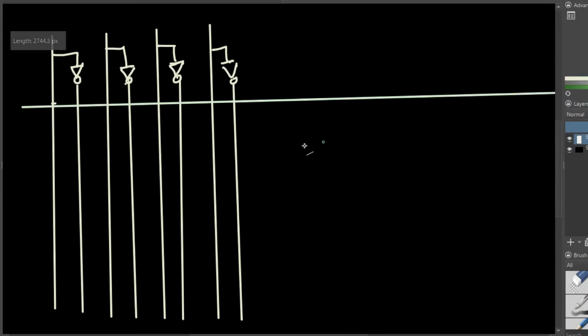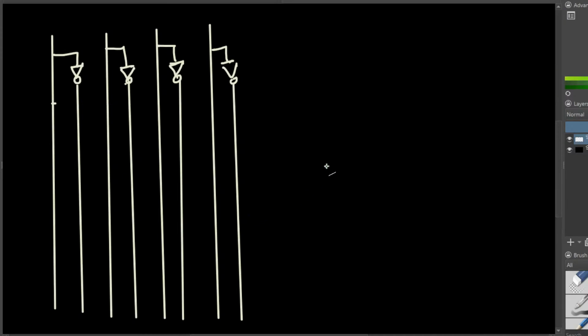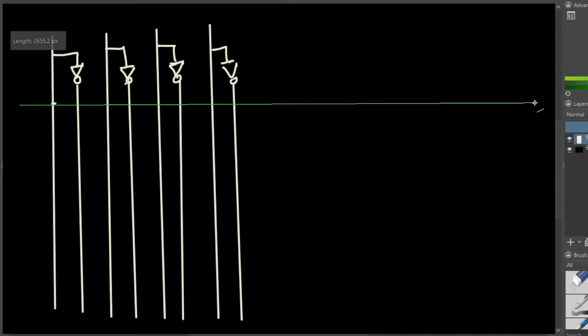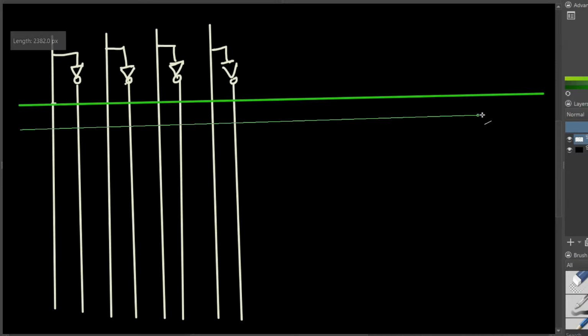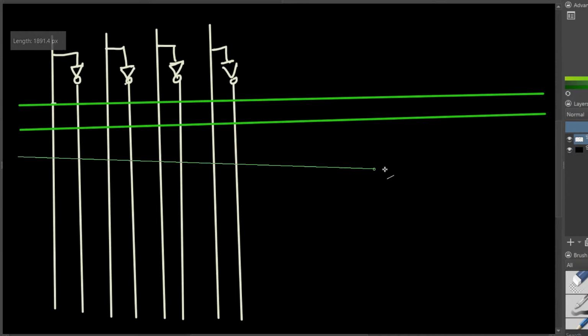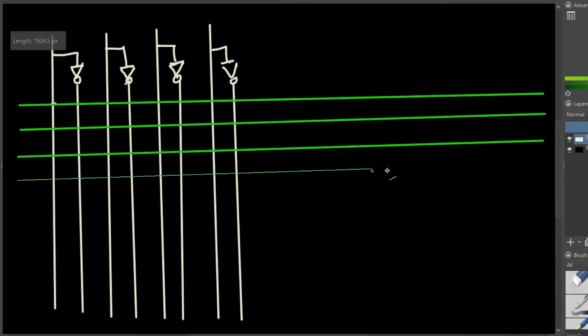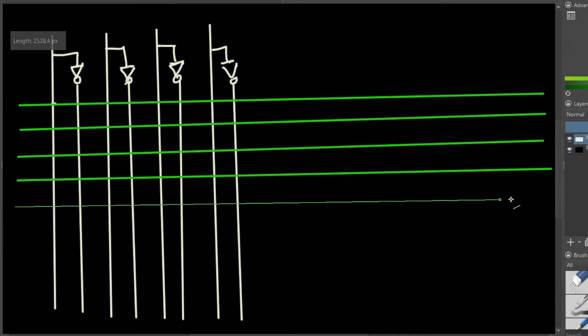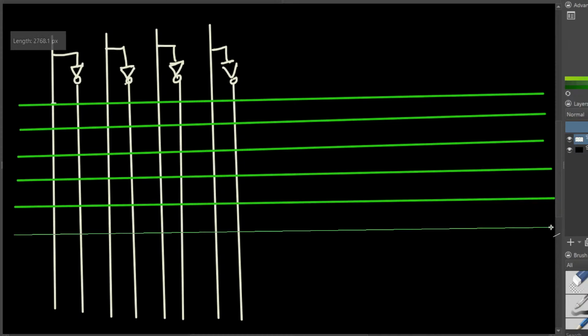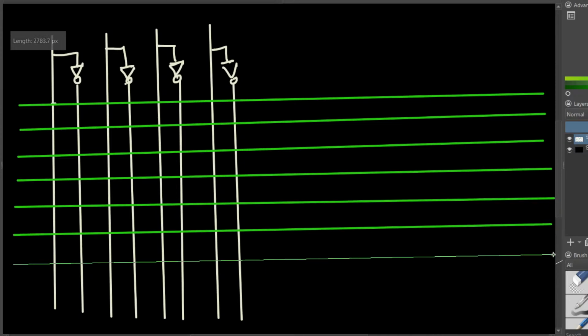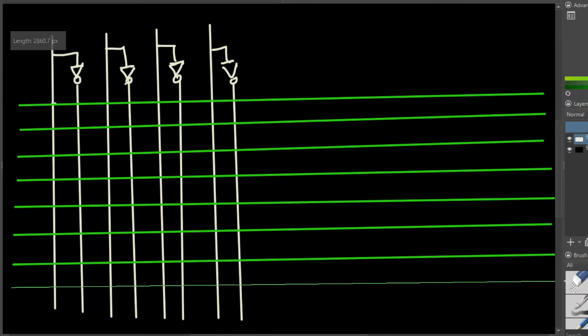One line, okay, let me get it back. Okay, one line, 2 line, 3 line, 4 line, 5 line, 6 line, 7 line, 8 line, 9 line.